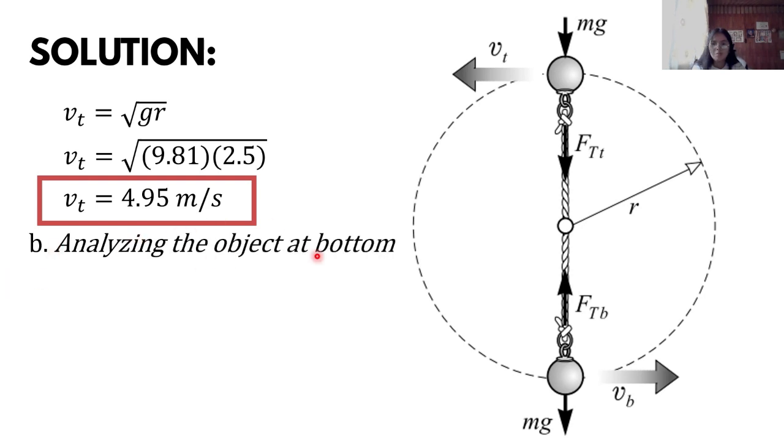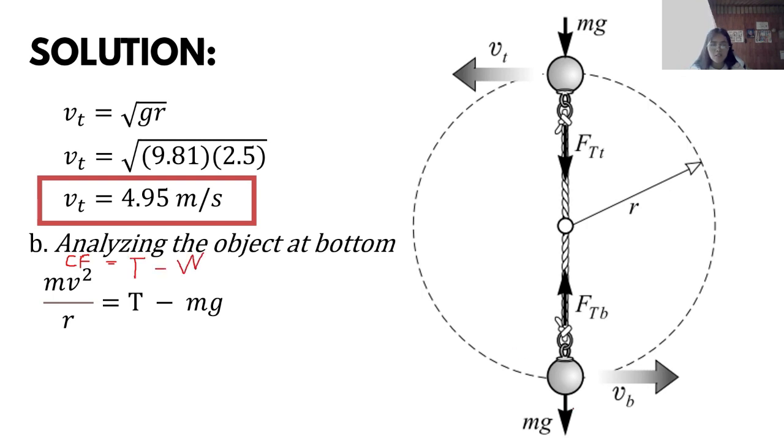So, second problem tayo. Analyze naman tayo sa bottom. Dito naman, pag mag-summation forces tayo dito, ang CF naman ay ayan. CF natin ay equal to tension minus weight.